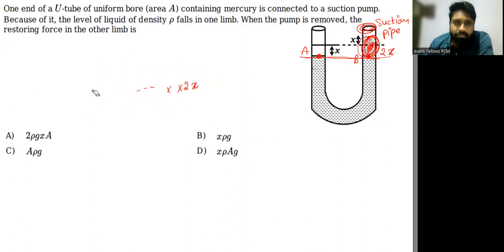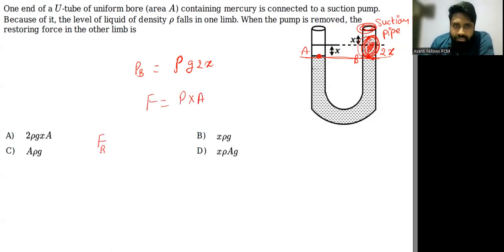Now we know that at this point B, the pressure which is acting is rho into g into 2x. This is the pressure at B, if I neglect the atmospheric pressure. We know that force is nothing but pressure into area.